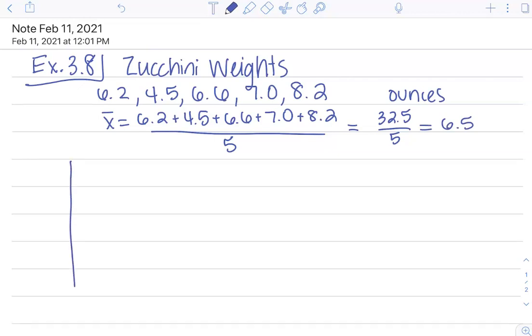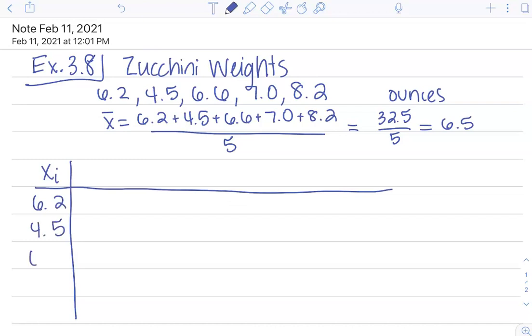To do these deviations, I will often create this chart where I have my xi values, and those are just each of the observations. And then where I've taken those observations and subtracted the mean.